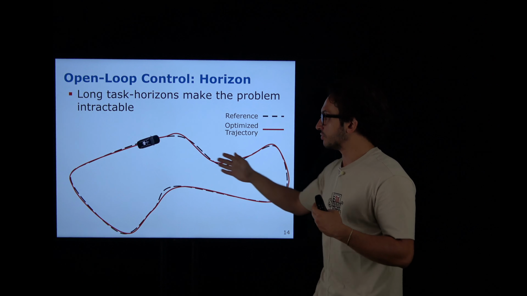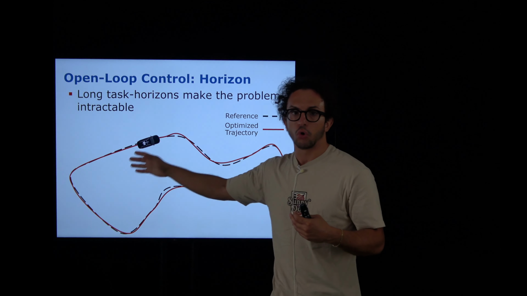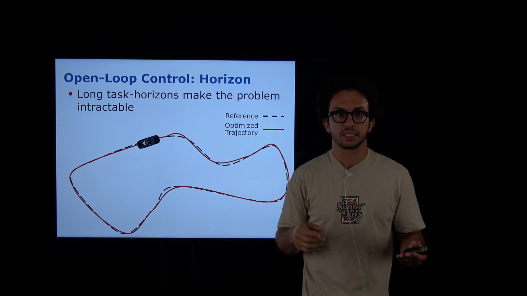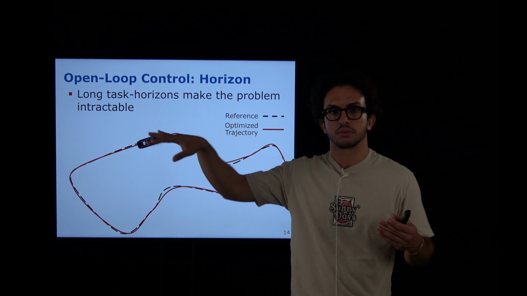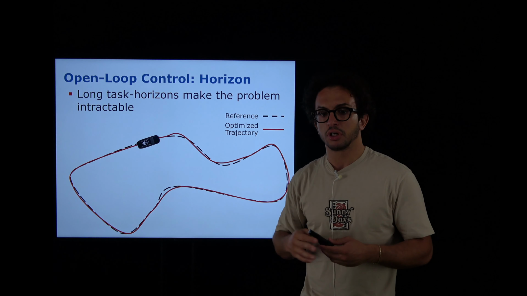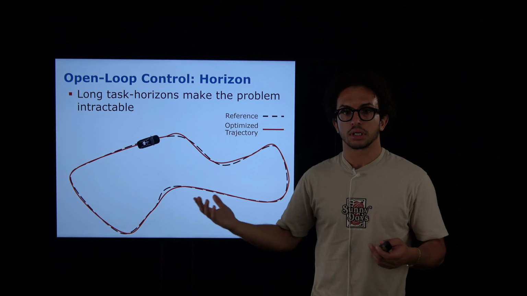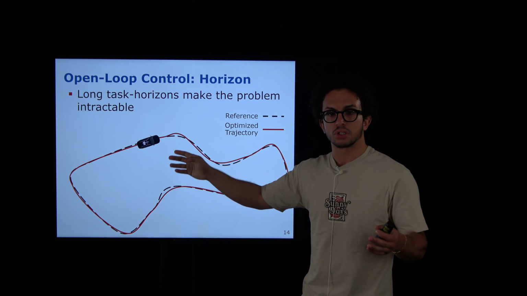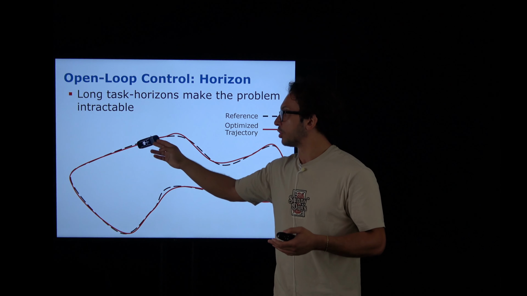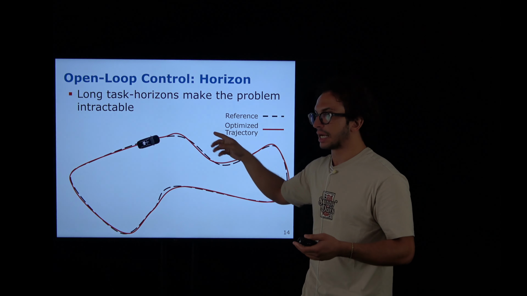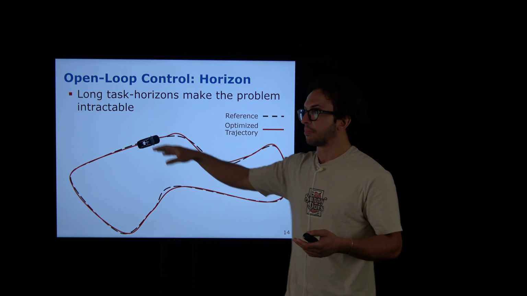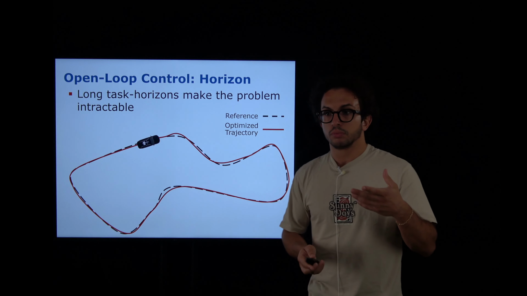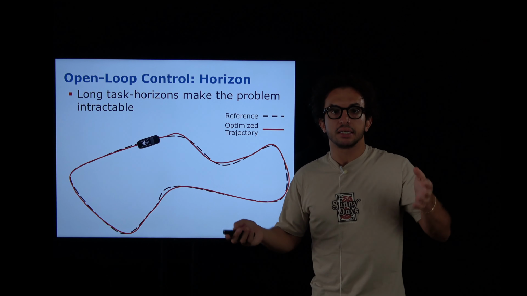Especially when the horizon is very long, imagine you want to follow a whole trajectory and go back here, so the end point is exactly the same as the starting point, and maybe the trajectory is quite long and involved, then this can cause a lot of problems, because if we have a bit of divergence, because the model is not perfect, because there's some disturbance or some noise, this starts diverging, and in the end you will get something that maybe has a similar shape, but then eventually ends up somewhere completely different. So optimization like this would be basically intractable.